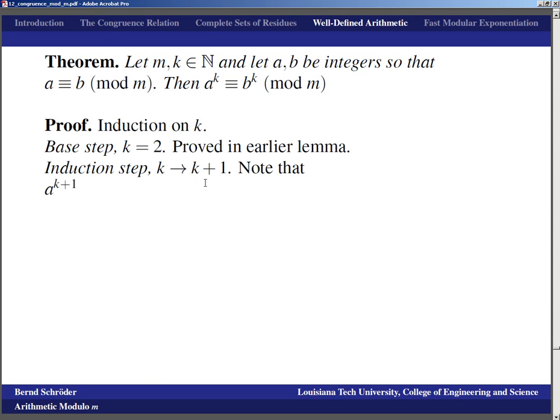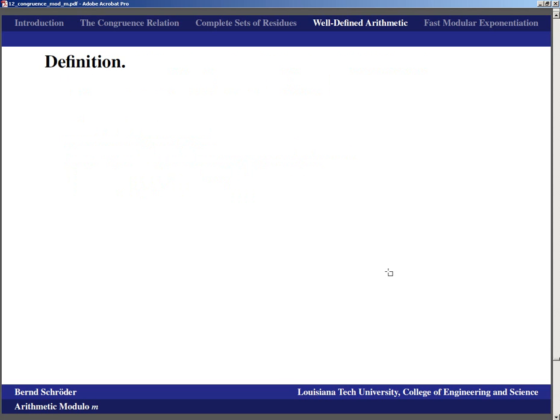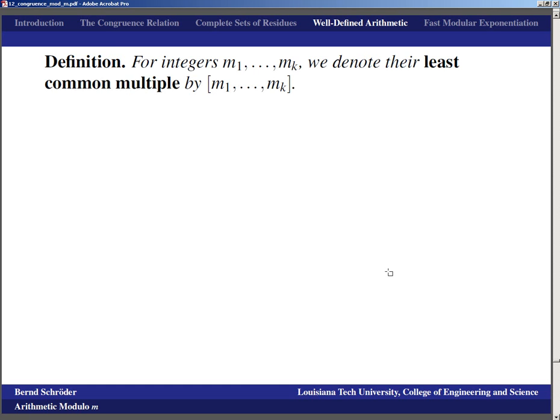And if we take the induction step from k to k plus 1, we note that a to the k plus 1 is, of course, a to the k times a, which is b to the k times b, because a to the k is equivalent to b to the k, and a is equivalent to b, and that's b to the k plus 1. And that's all modulo m. Note that in the middle, even though it is very tempting and often happens that I will say equal rather than equivalent modulo m, it's all in equivalence modulo m here. Okay, and that concludes the proof that exponentiation or powers are well defined.